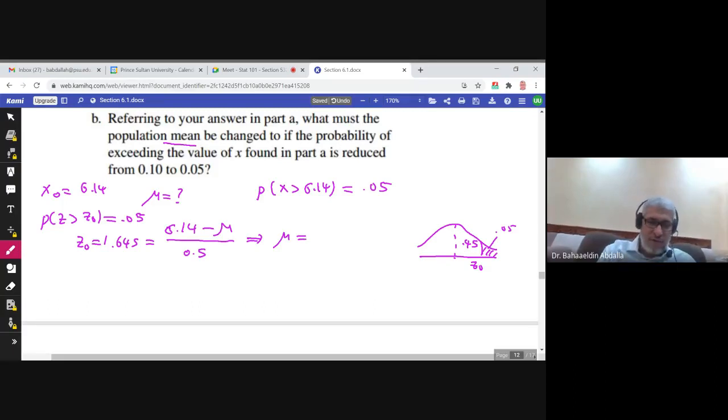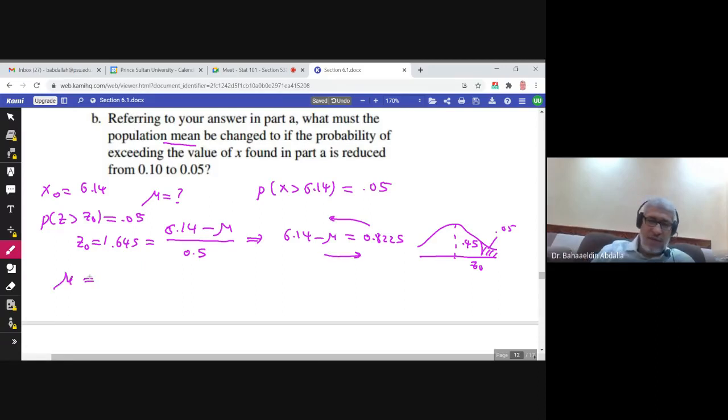So 0.5 times 1.645 would be 0.8225. So we have 6.14 minus mu equals 0.8225. Take this here and take this here.